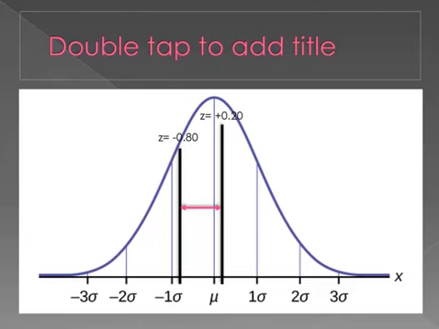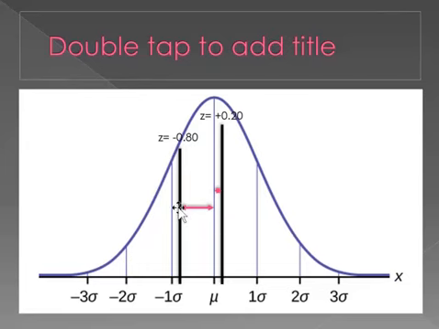Okay, so obviously we're going to need to look up some values associated with these z-scores in our unit normal table. The question is, what are those values, and how might we figure out the proportion between these 2 scores? Well, we could break this into 2.